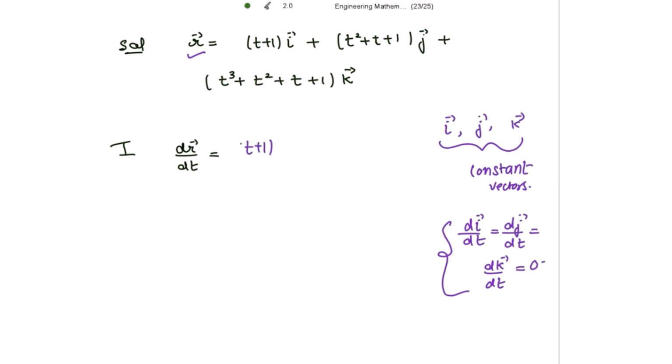First function, derivative of second, that is 0, plus second vector, derivative of first.